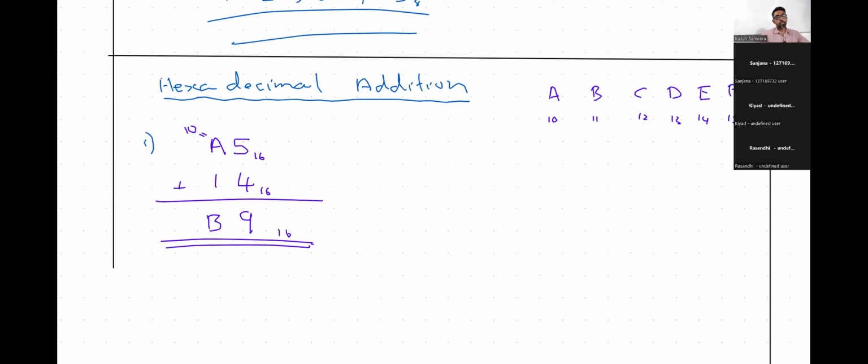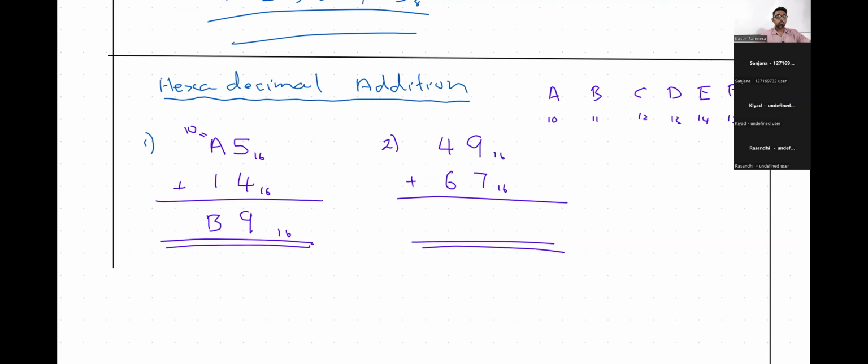Question number 2. 49 and 67, both base 16. Do the addition. Get the value. 9 plus 7. What is 9 plus 7? 16. Can you represent 16? Is there any symbol for number 16?